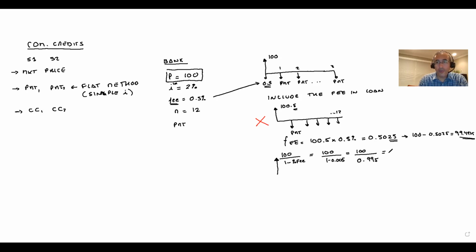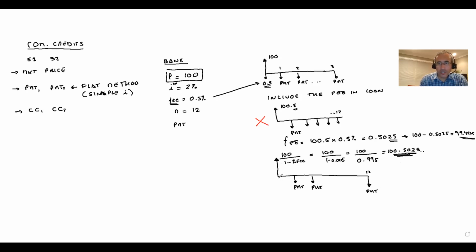I need to ask for that. Got it? Now, with this one, there are more decimals. And remember that these payments now, as soon as I'm including the fee in the principal, are going to be computed in terms of this number here. Got it? And then you have your 12 payments.